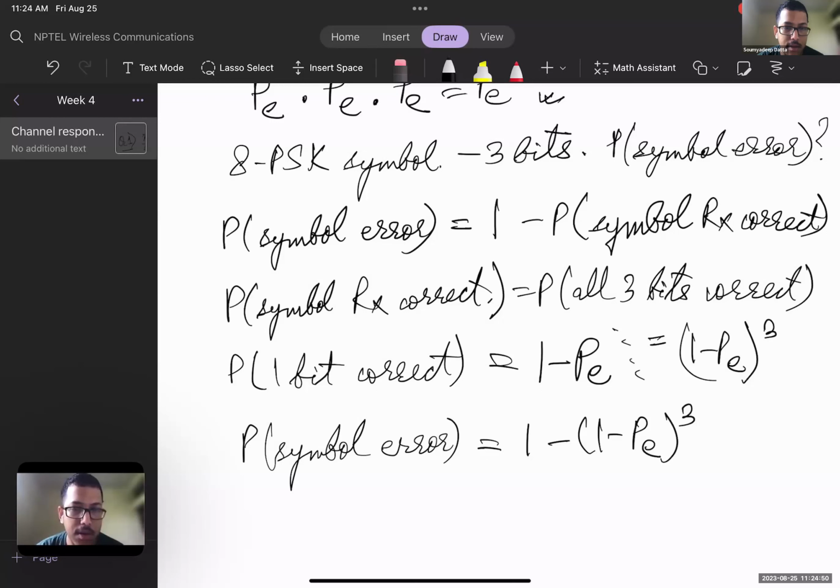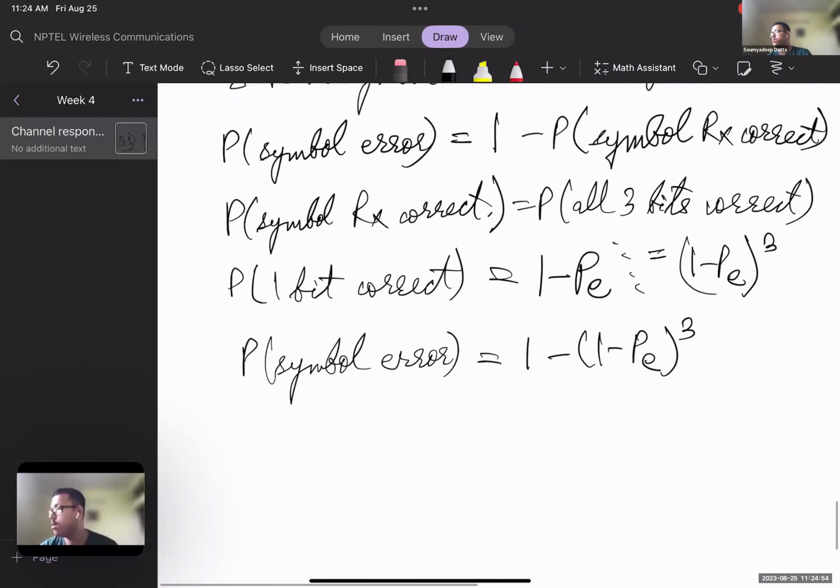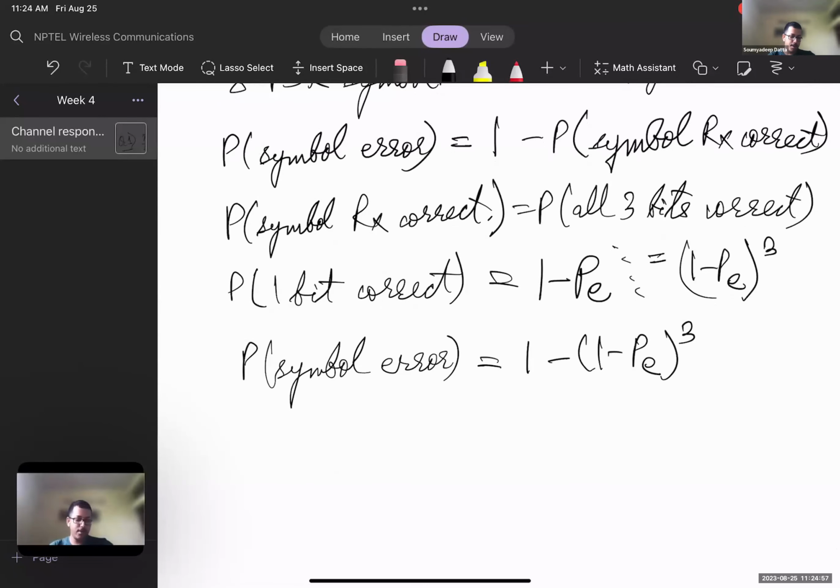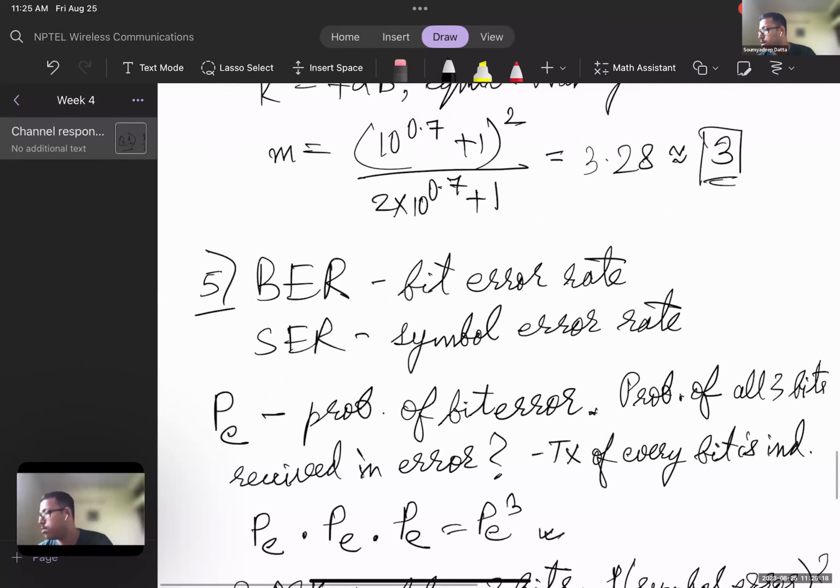Now, we have denoted this quantity PE. Like we have denoted this probability of bit error as PE, but it has an expression. So let's move on with that.